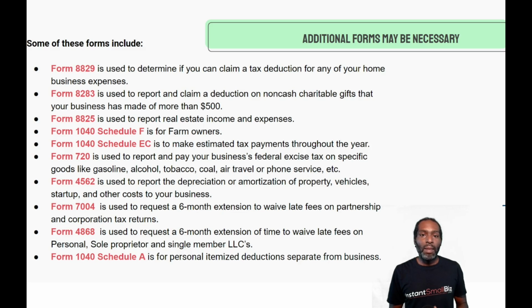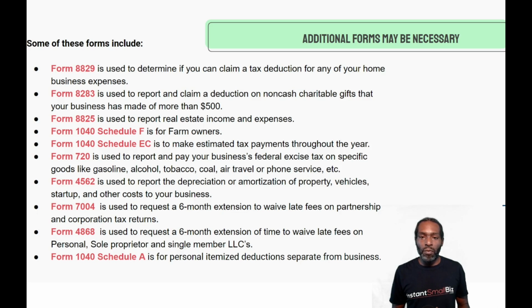Form 8283 is for non-cash charitable gifts. So if you give away your services during the holidays, like cutting hair, or you give away furniture and things of that nature to charitable organizations, then you can write that off if it's more than $500. The 8825 is for real estate income and expenses as a business.